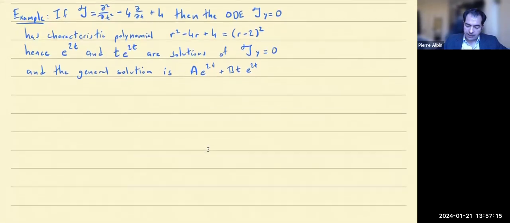Let's now allow complex roots. So let's say that curly R is a differential operator that takes two derivatives, then subtracts 4 times one derivative, and then instead of adding 4 like we did in the previous example, we'll add 13.